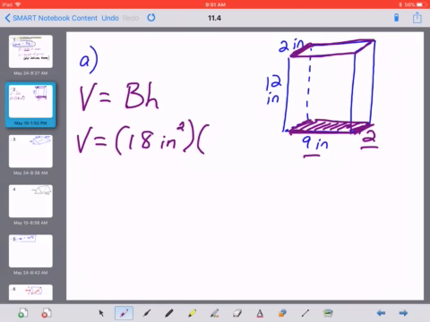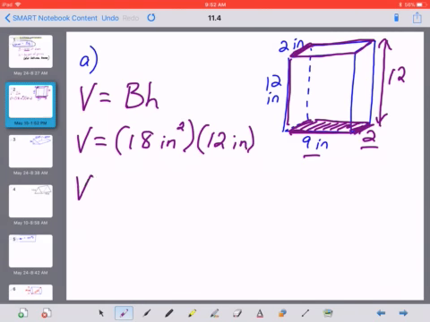We would multiply that by the height of the prism. And remember, everybody, that the definition of height is distance between your bases. So if our bases were at the top and the bottom of the figure, then this vertical dimension right here, which is the 12-inch side, that would be your height. So the 12 inches goes right here for height.